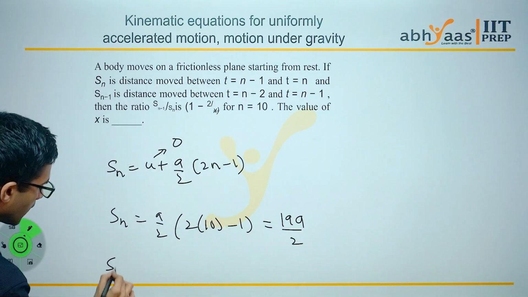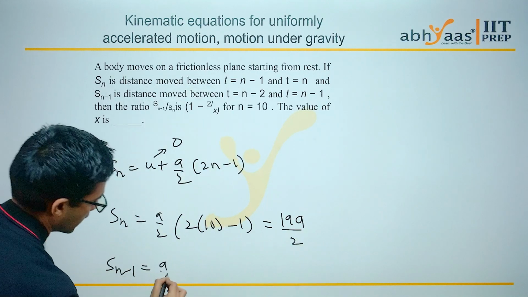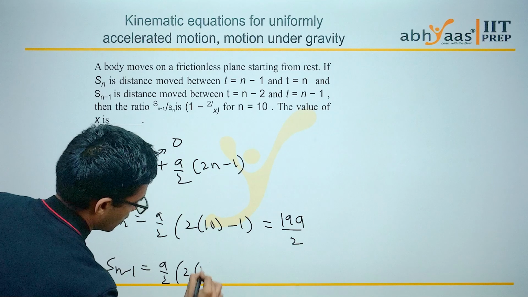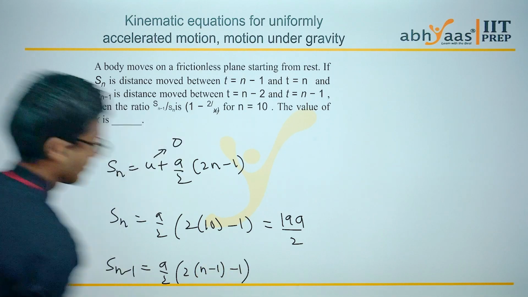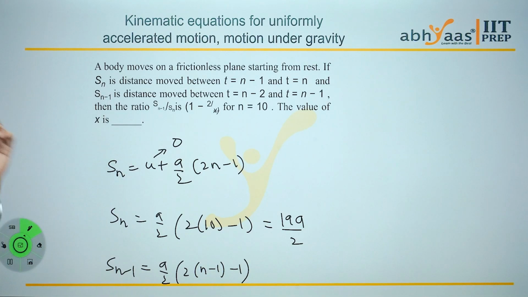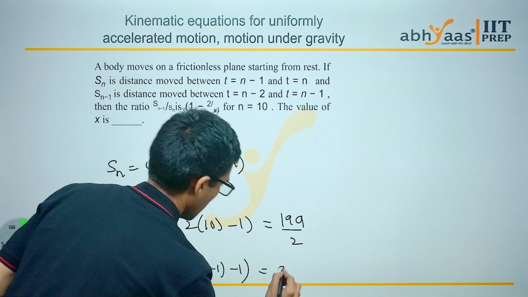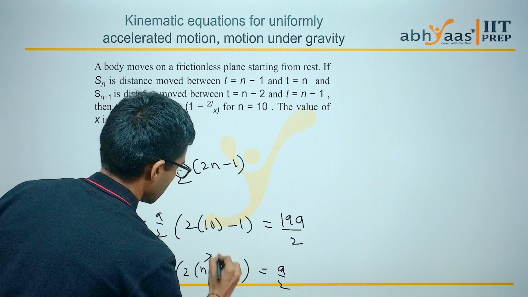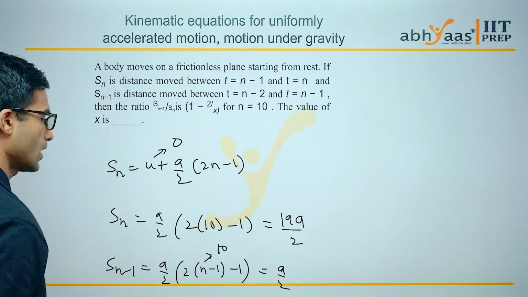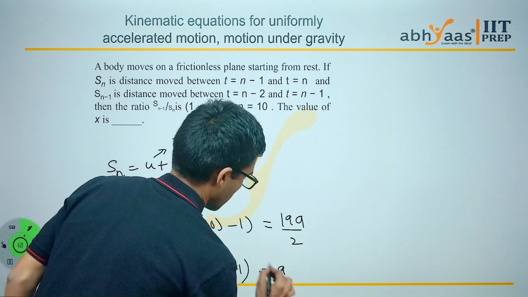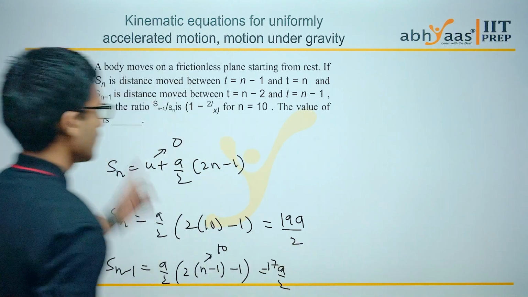But S(n minus 1) means what you have to apply? a by 2 into (2 into (n minus 1) minus 1), because it is telling S(n minus 1). Here n minus 1 is 9. a by 2 into, n is 10, so 2 into 9, 18 minus 1, how much? 17a by 2. Here what has he given?